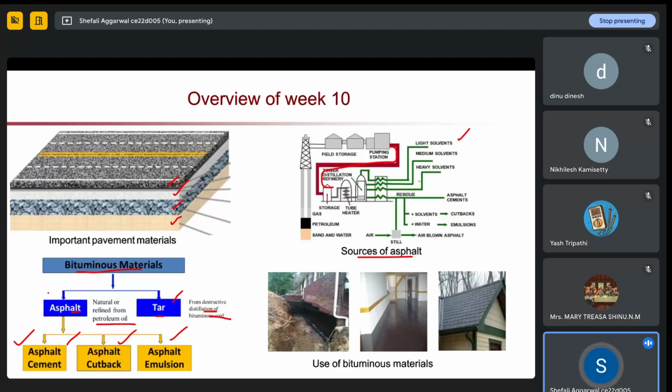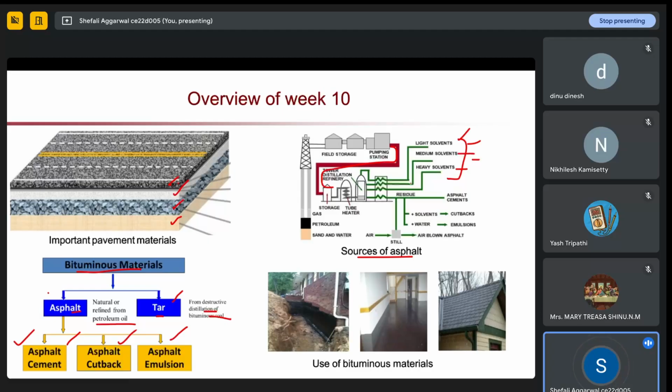If we talk about the different solvents which we can get, they are divided into light, medium and heavy, which we normally use as gasoline, diesel, petrol and all those things. Medium will be kerosene, heavy is diesel, and light will be petrol or gasoline.